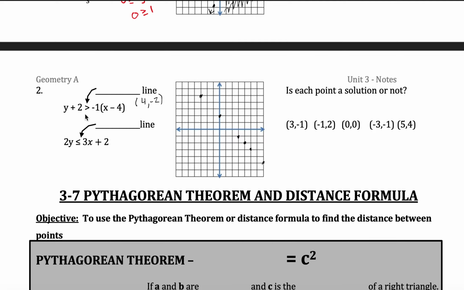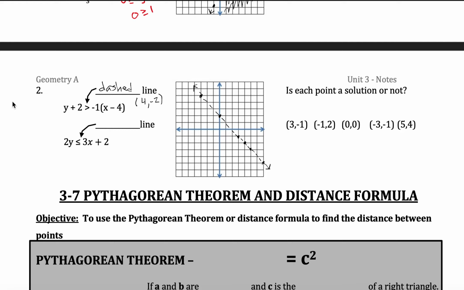Then, because we had just a greater than sign, we know that we're drawing a dashed line because the line itself is not included. So we can put our dashed line here. Then we need to decide which side of the line we're going to shade. My personal choice is I always just plug in 0, 0.